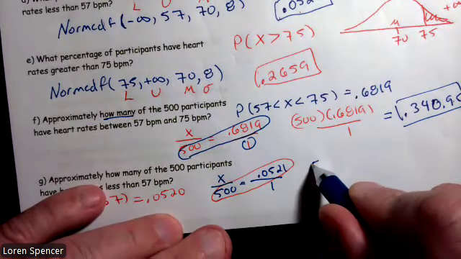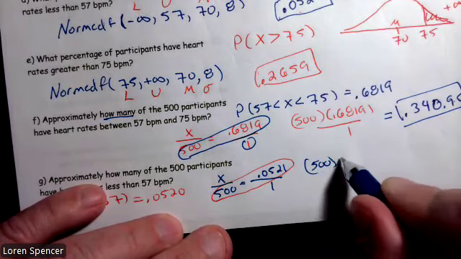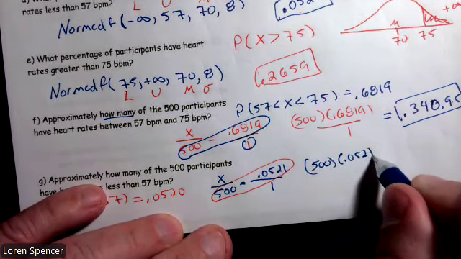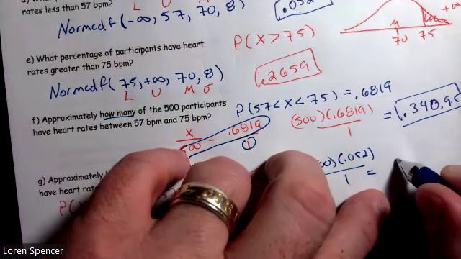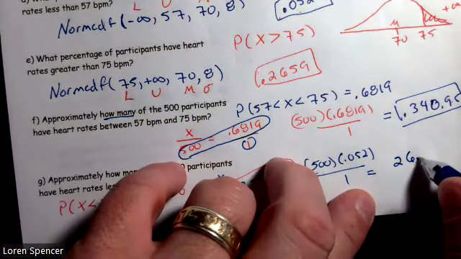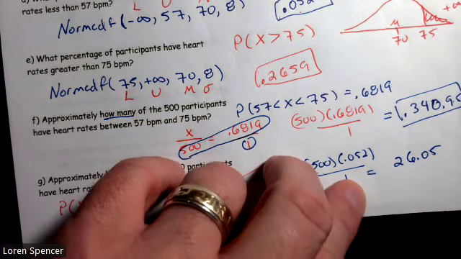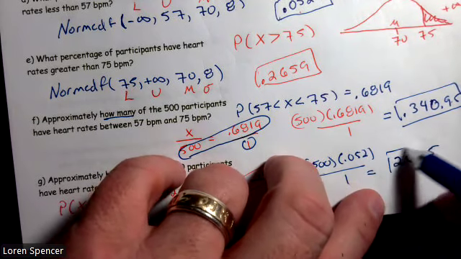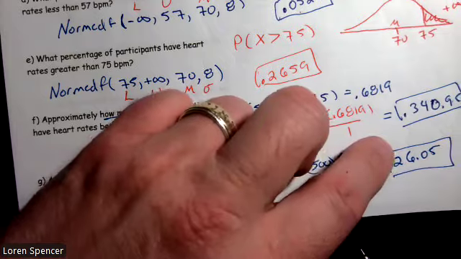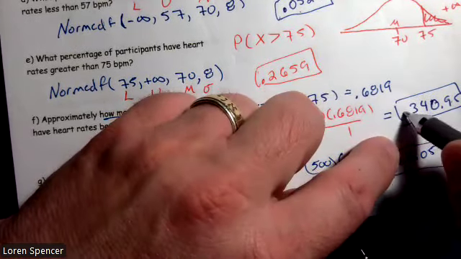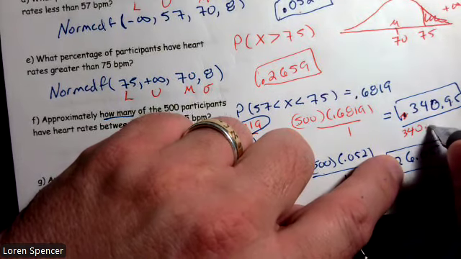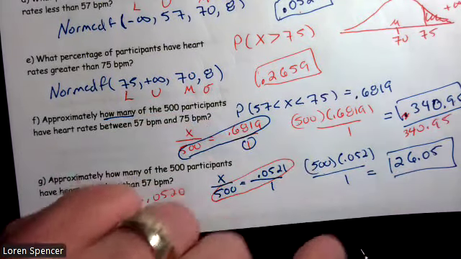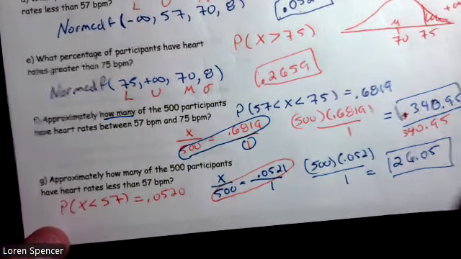So 500 times 0.0521 over 1 equals 26.05. All right, and I'm going to go ahead and box this. There's not supposed to be a decimal right here. So I'm going to make that 340.95. And it's 340.95 participants or 26.05 participants.